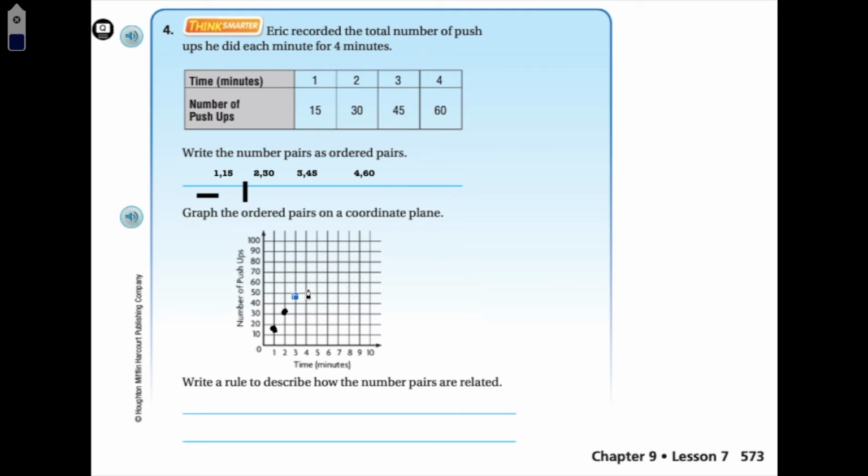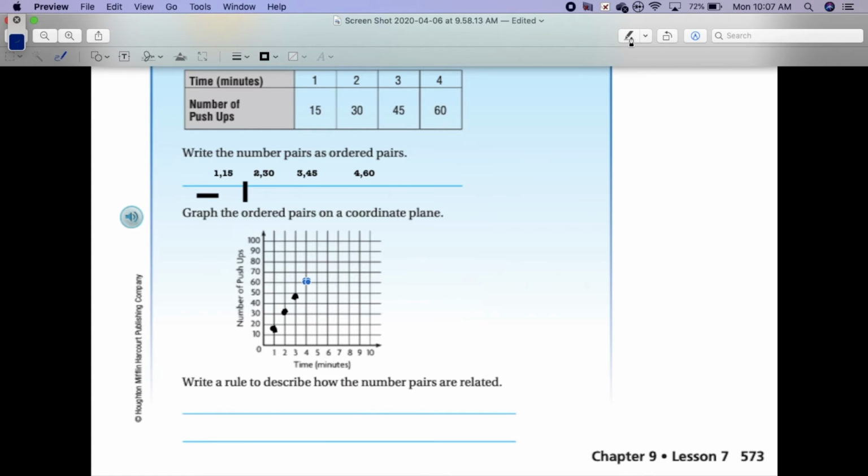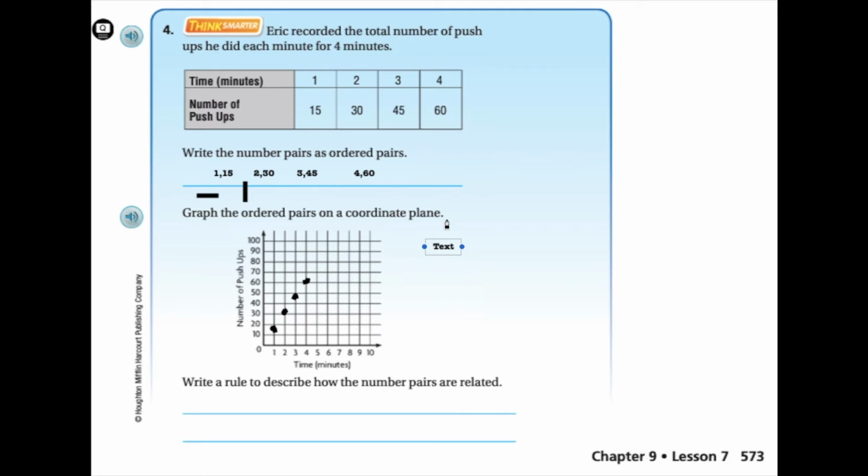Now that you've graphed the ordered pairs, you want to write down a rule to describe how the number pairs are related. So we know that the time is 1, 2, 3, 4. What am I counting by? We're counting by ones. So write time, count by ones.